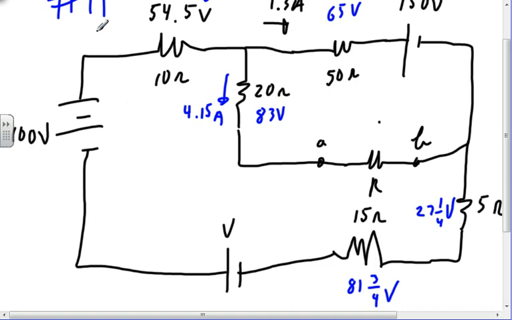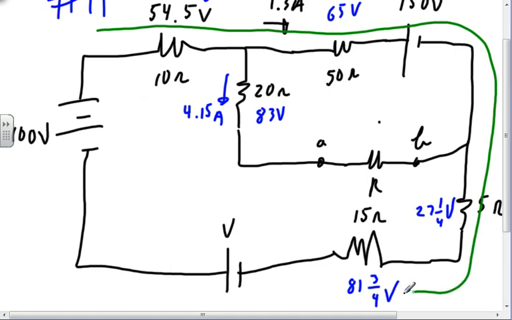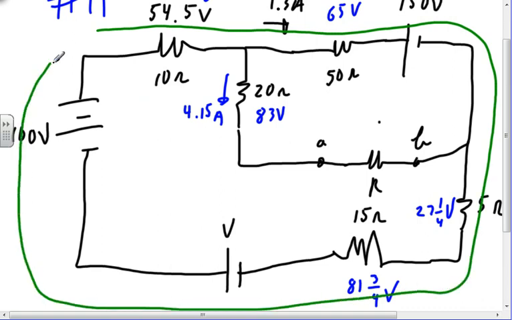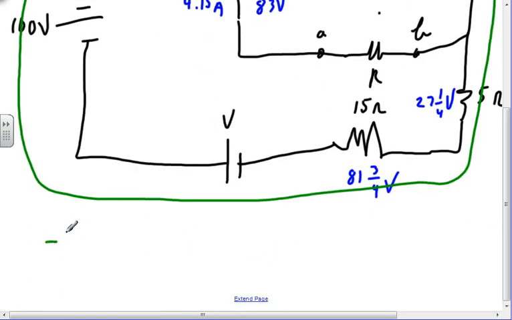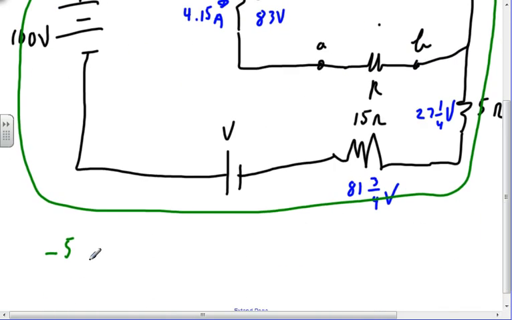I'm going to pick a path that goes this way, like that. And I'm going to add up all the voltages on that path, and when I get done, it's going to be 0. Okay? So I'm going to start here, and I'm going to go minus 54.5.